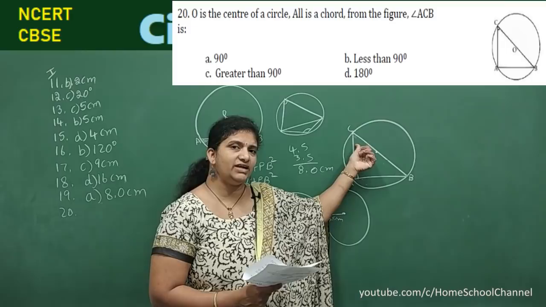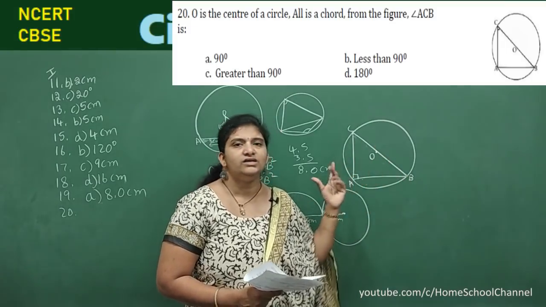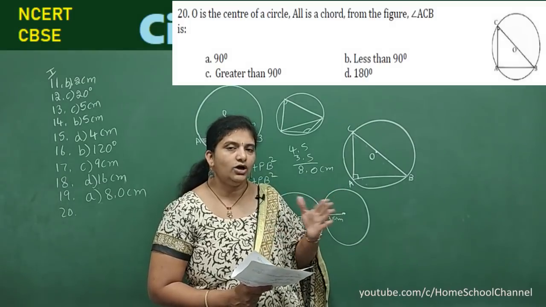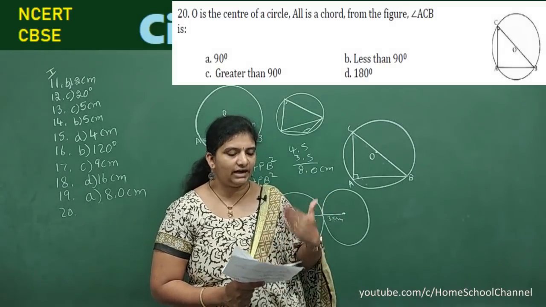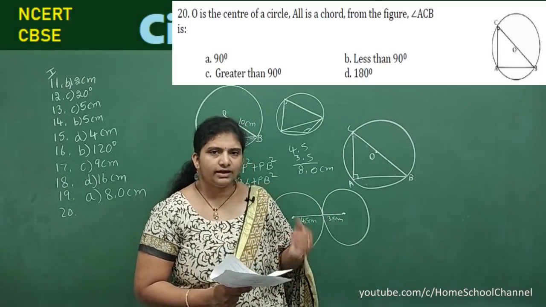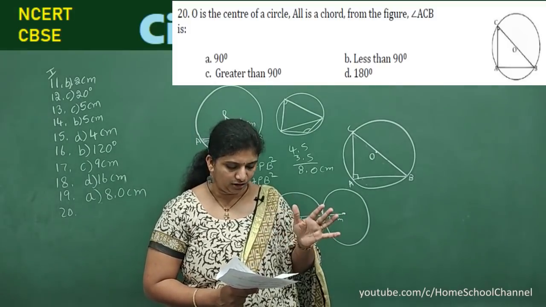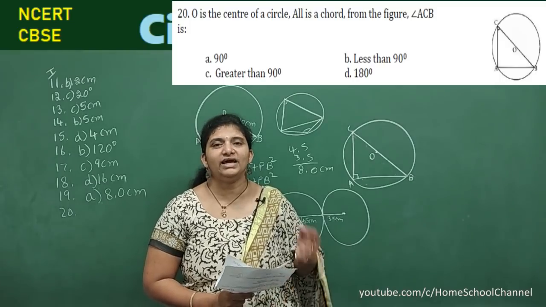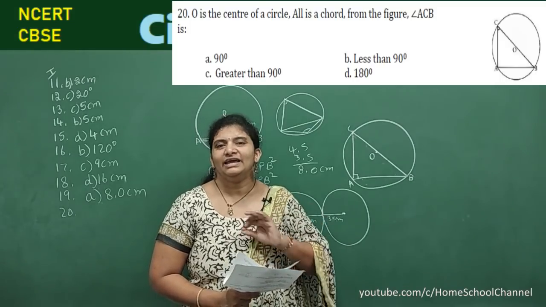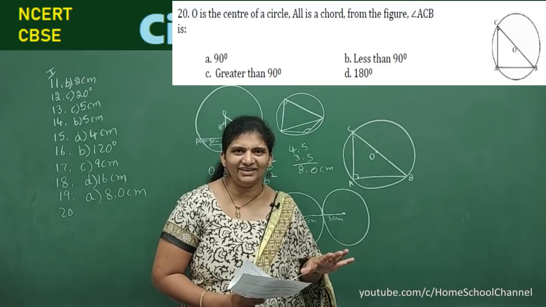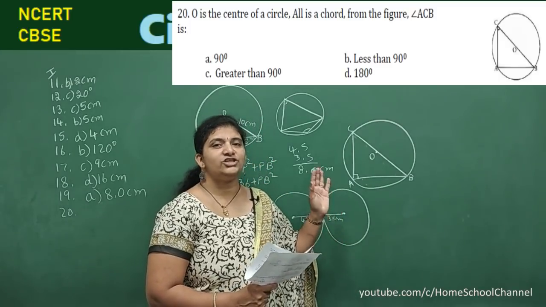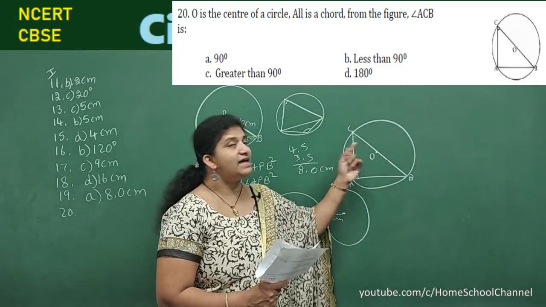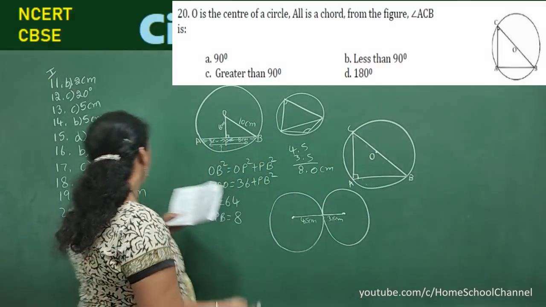If suppose it is 70, it might be 20 degrees. So it will be less than 90, but it is not 90. Okay, I go with option B, but let us see option C also. Greater than 90? No, not at all. Option D, 180 degrees? No, never. A single angle in a triangle can never be 180 degrees. Therefore, which option is the right answer? That is option B, less than 90 degrees.